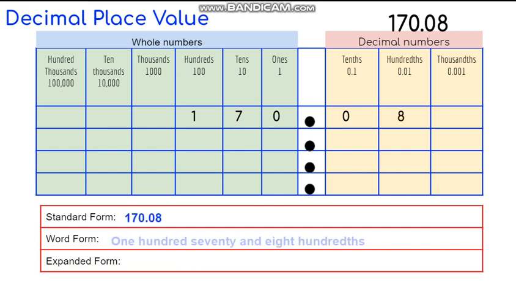The word form, 170 and 8 hundredths. For the expanded form, you write down the value. 1 hundred means 1 times 100, 100. 7 tens means 7 times 10, which is 70. 0 times 1 is 0, we don't have to write it down. We have the 8 here, 0.08.